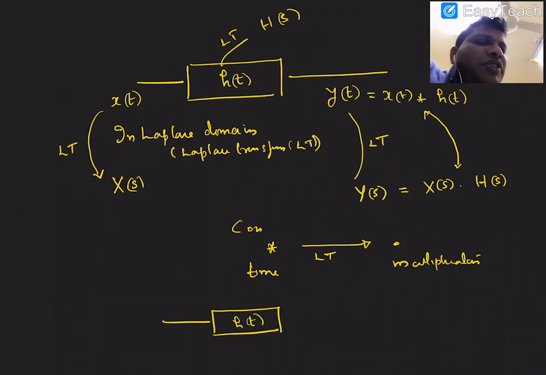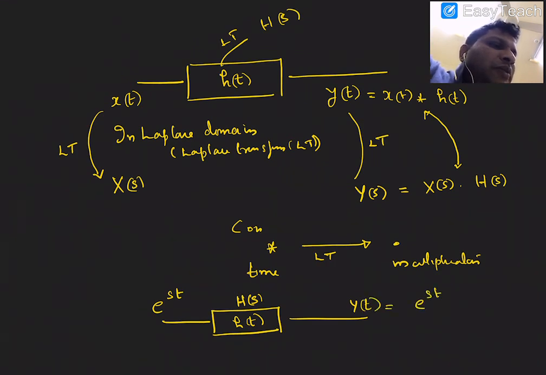So you can see now that there are some functions that we have defined. There is some function e power st, and suppose h of s is the Laplace transform of h of t, then my output y of t is nothing but e power st multiplied with something, h of s, where h of s is the Laplace transform of h of t.